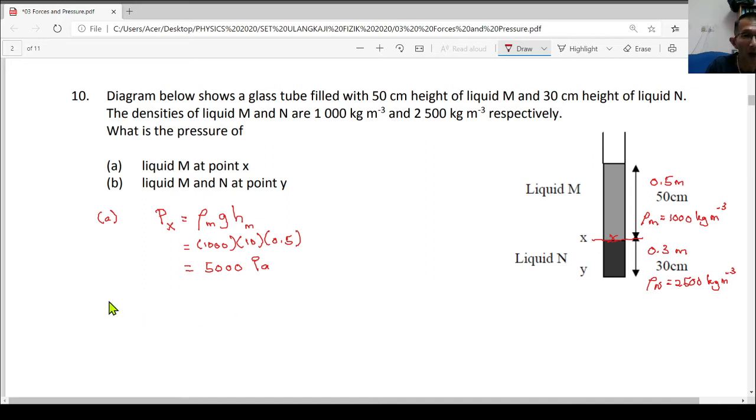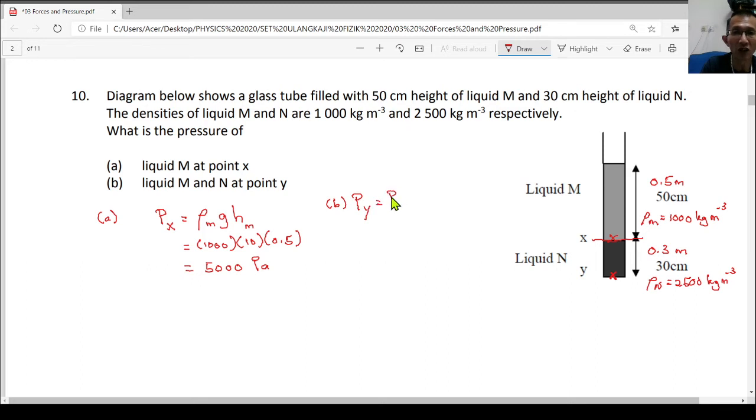Now let's go to question B. I want to know what is the pressure at point Y here. So what is pressing this point? I have 0.3 meter of liquid N, and then above that I have 0.5 meter of liquid M. So what is pressing point Y?